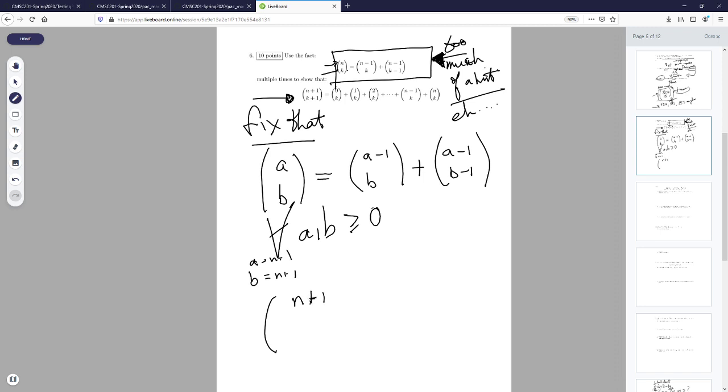Also, this was the formula that you had to prove on your homework. So n plus 1 choose k plus 1 is now equal to, so A minus 1 is equal to n, n choose k plus 1 plus n choose k.